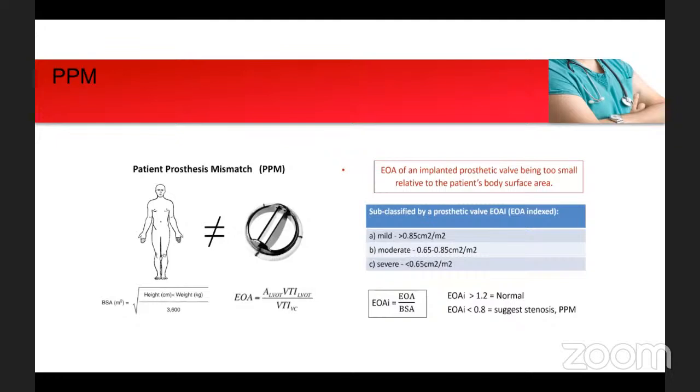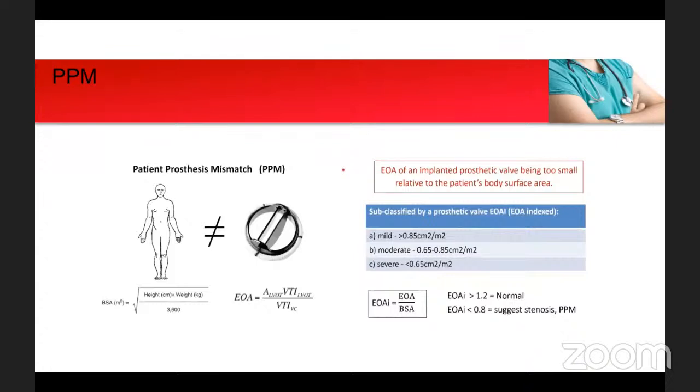So there is a mismatch between the patient's body surface area, which requires a specific cardiac output, and the prosthetic valve with a specific size and effective orifice area. The effective orifice area is a flow-dependent parameter, and it's usually calculated from the continuity equation by Doppler.